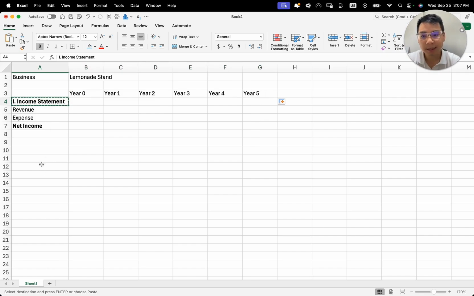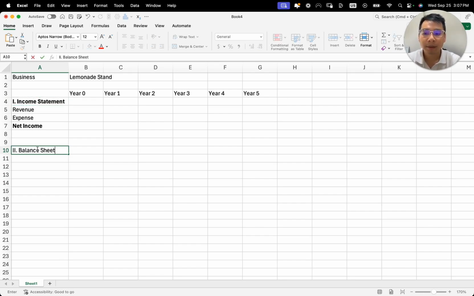So the second statement you have is the balance sheet. The balance sheet will consist of the asset category. Then you're going to have the liabilities, so the second is liability. And the last part is the equity.